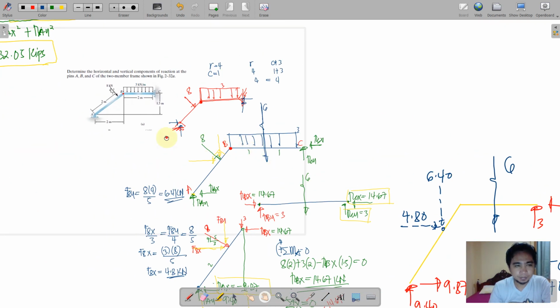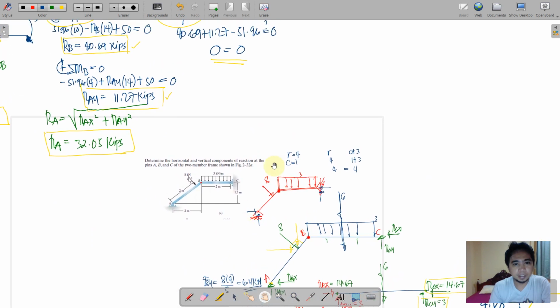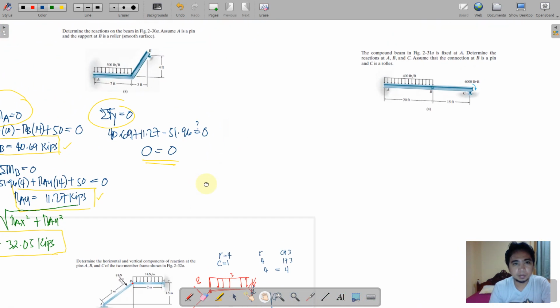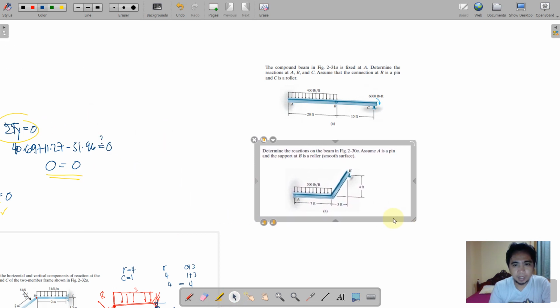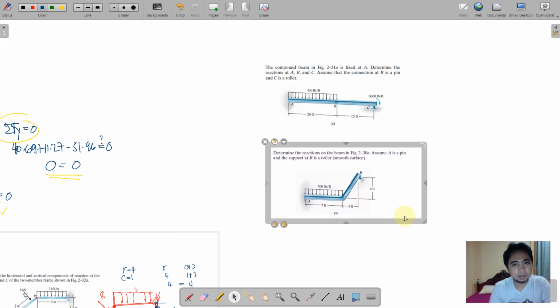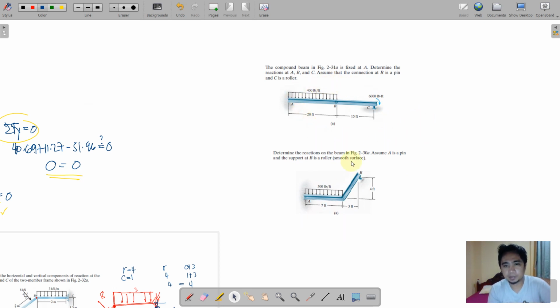Okay. So that is for the examples. So for your exercise today, I will let you work with these two remaining problems here.